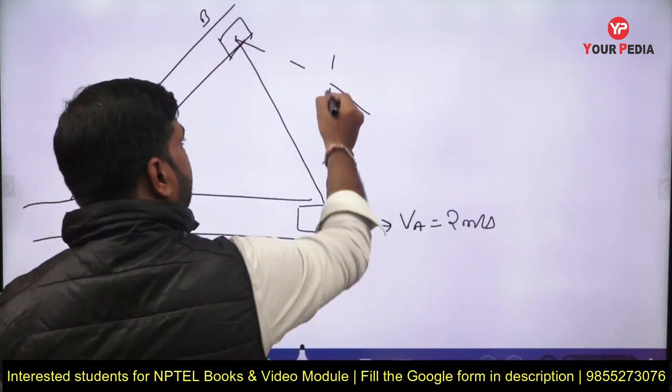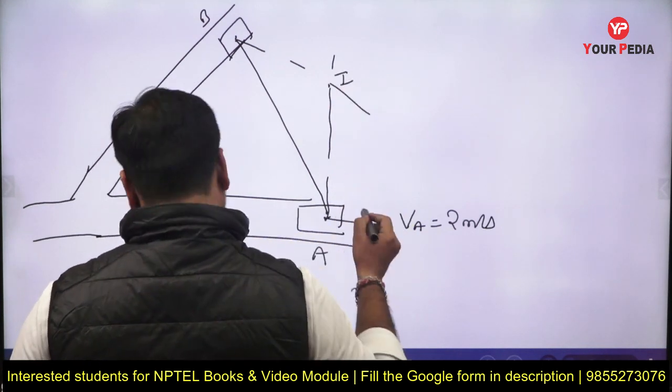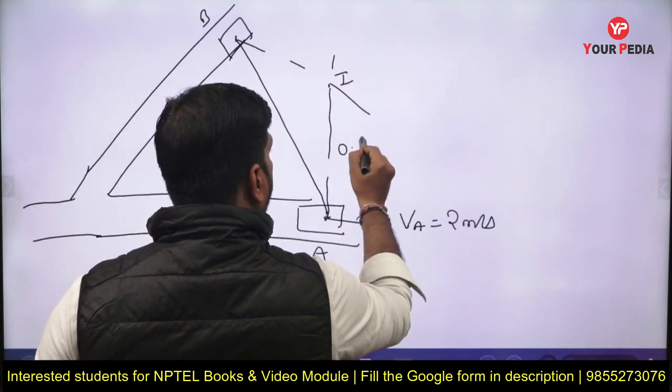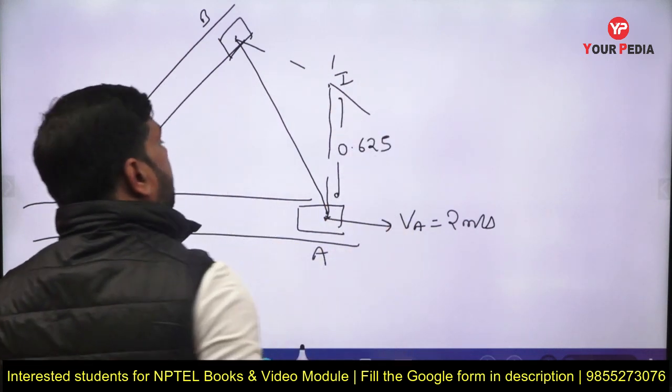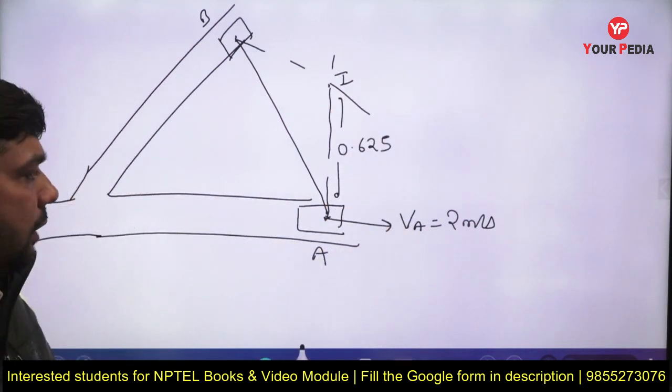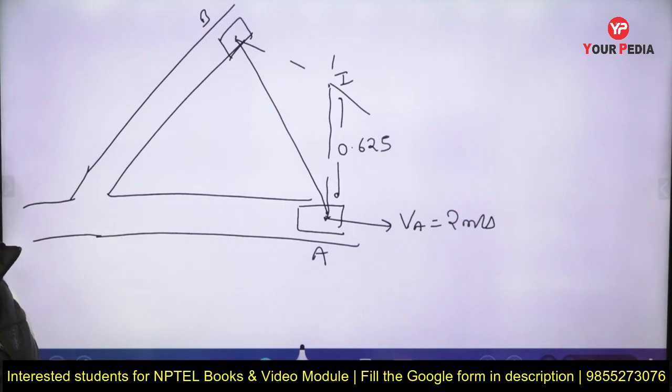Okay, so now this is point I, and you have the value of this AI as 0.625. So from here you find out the value of omega of the rod.